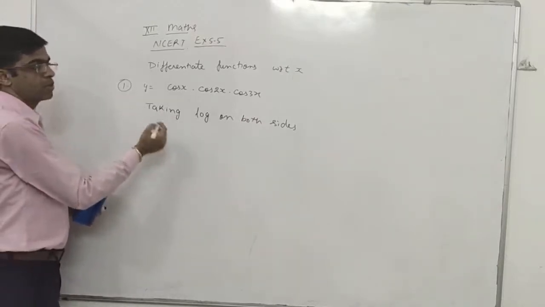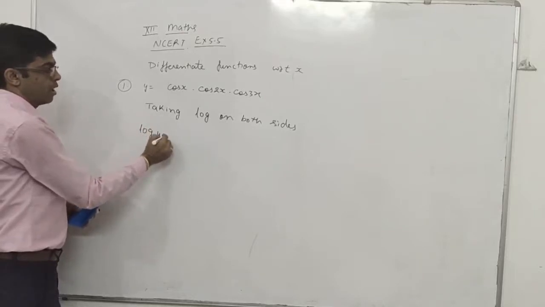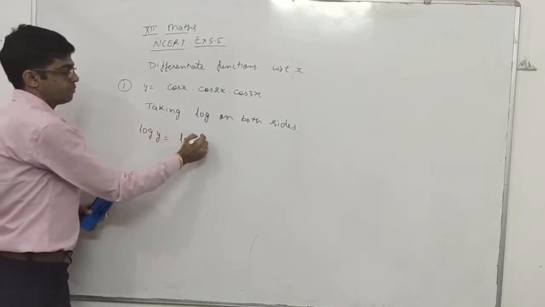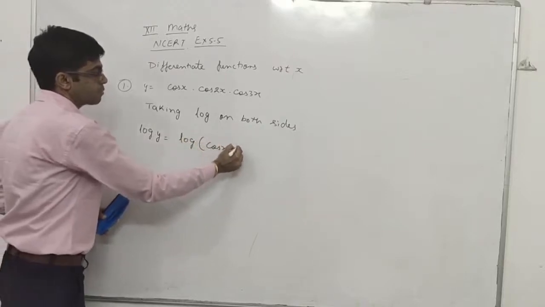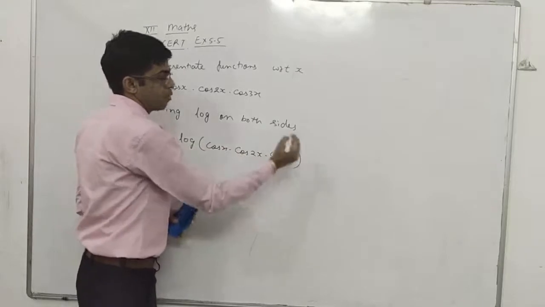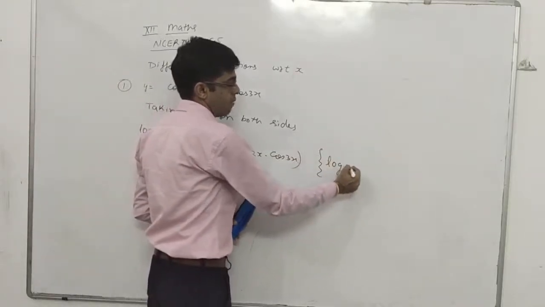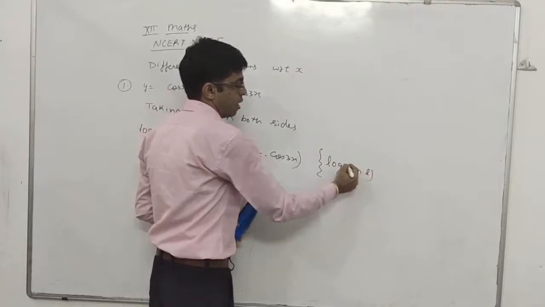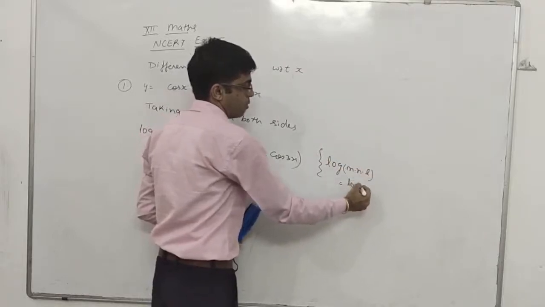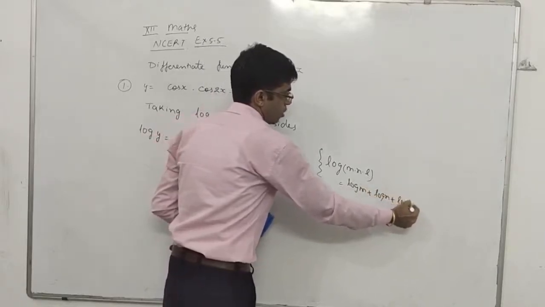So using properties of logs, we will apply log on y, log of cos x cos 2x cos 3x. The property we will use is log of m into n into l is equal to log m plus log n plus log l.